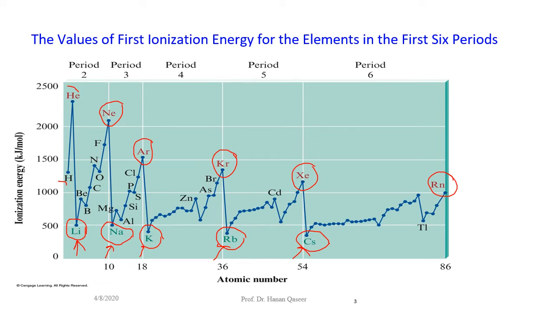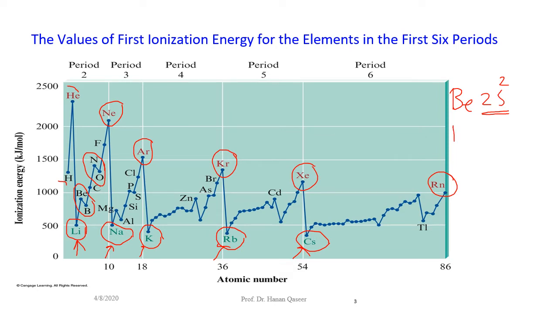Period 2 starts from lithium and ends with neon. Here you see beryllium and boron. Experimentally, the ionization energy for beryllium is a little bit higher than for boron. Same thing for nitrogen and oxygen. If you draw the valence electrons, beryllium has 2s2, a completely filled s orbital.